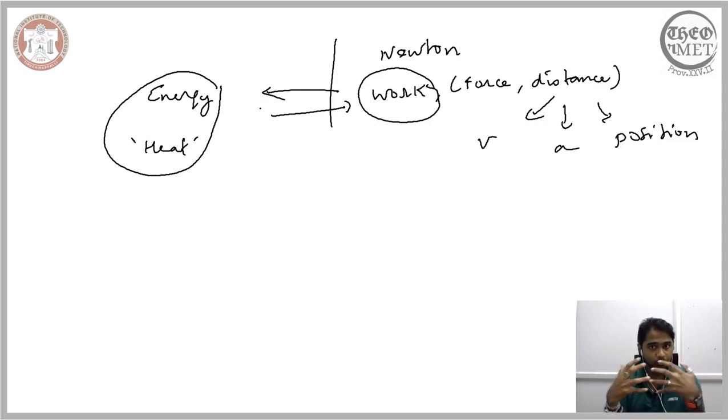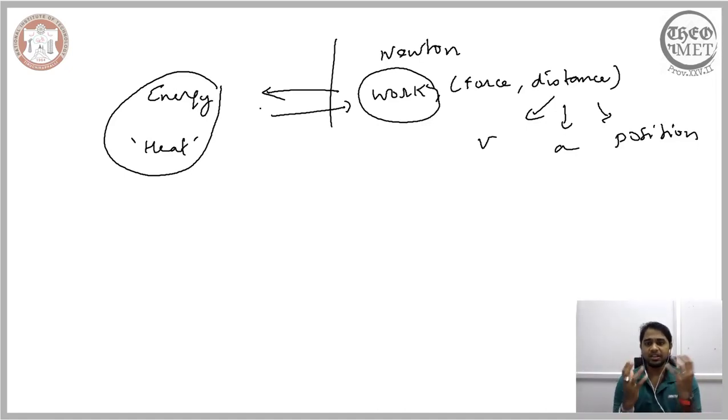We have a link between two different domains now. We initially had Newton's domain, which did not consider energy, but while one was working on how to understand the concept of energy, we saw that work produces energy, and subsequent investigation also allowed us to understand that it is possible for us to convert energy into work, specifically heat energy into work.